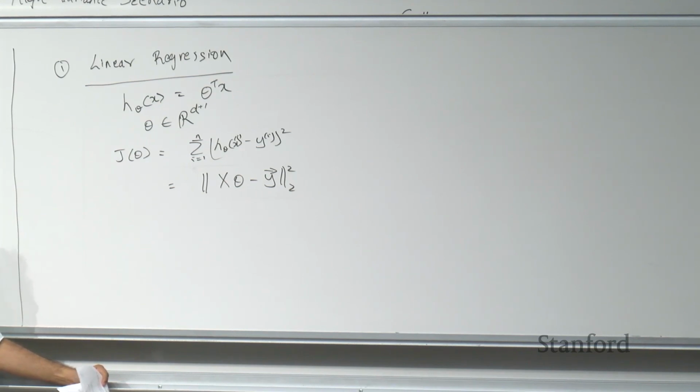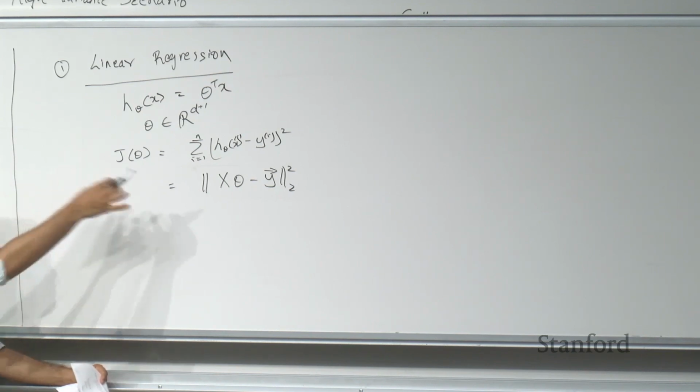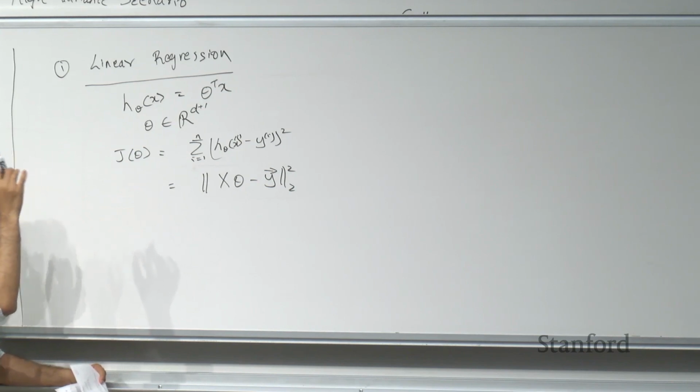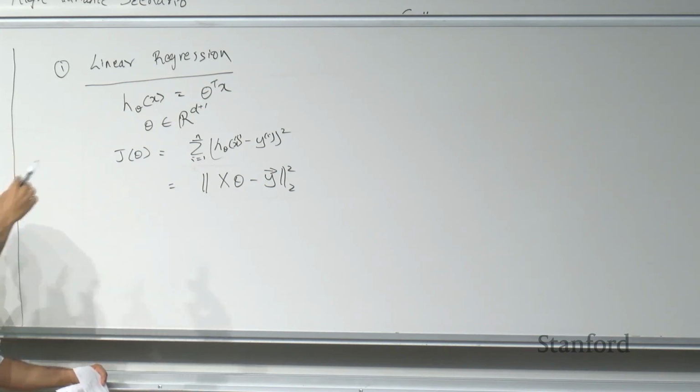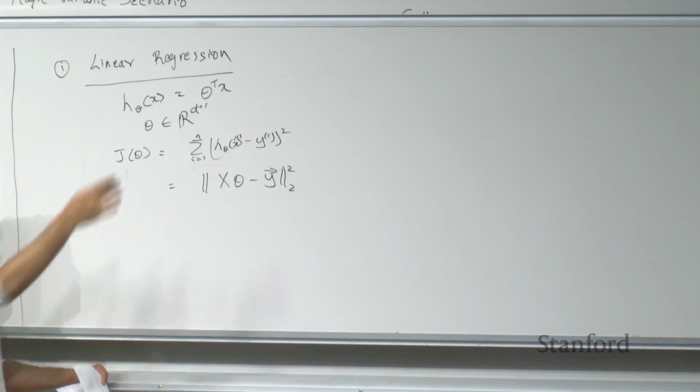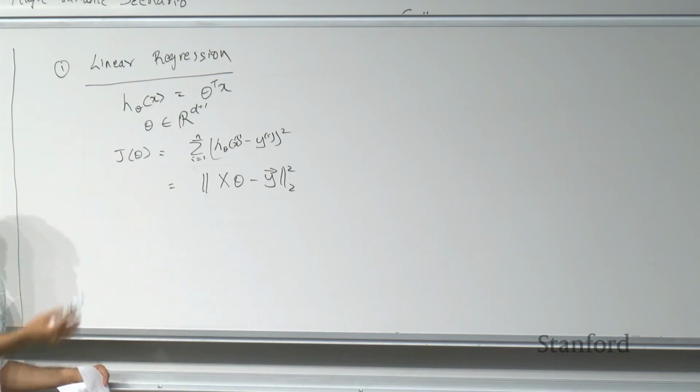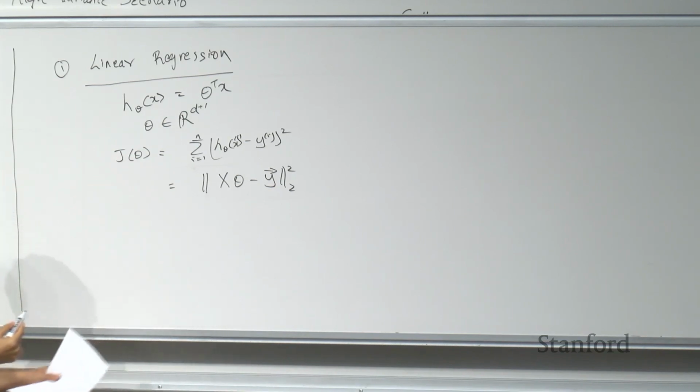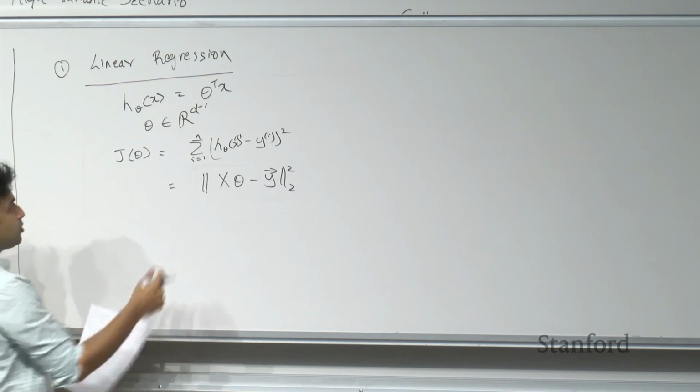I'll be answering that shortly. The quick answer is that you can give this a probabilistic interpretation that had you assumed a Gaussian error term, then this would be the cost to minimize. But there are other interpretations for linear regression as well. Yeah. Right.